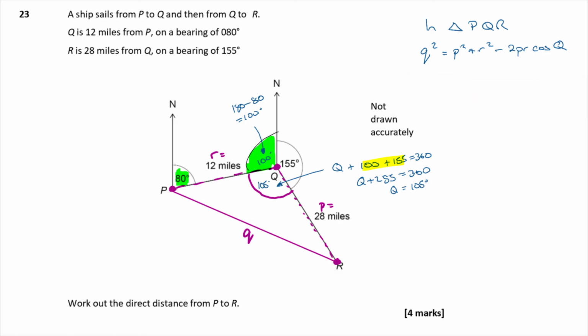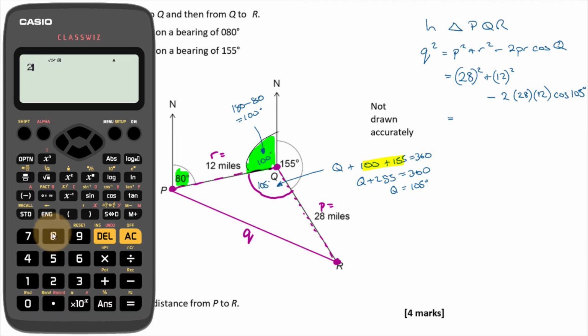So let's sub in what we know then. So that is equal to P squared. P is 28, so 28 squared plus R squared. R is 12, 12 squared, minus 2 lots of P, which is 28, R, which is 12, and cos Q, which is the cos of 105. Okay, so now I need to evaluate that. So I think I'm just going to tap it all into the calculator.